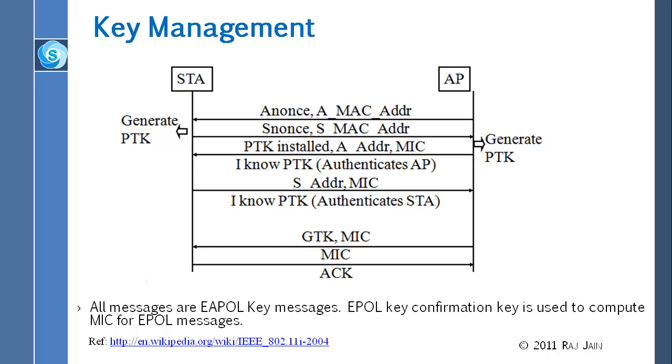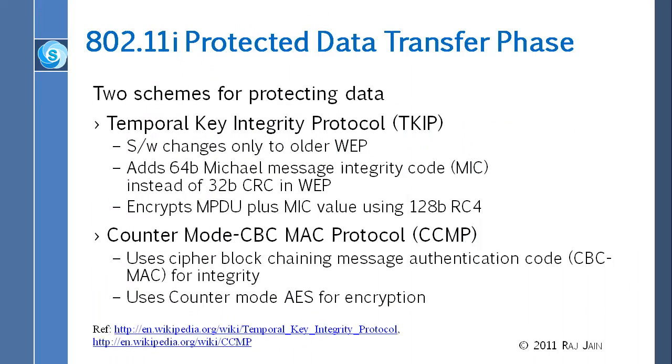So data transfer phase. Now data transfer requires integrity and encryption. So they use TKIP for temporal key integrity, and the software change is only to older WEP, and it uses the 64-bit Michael message integrity code, MIC, instead of the 32-bit CRC in WEP. So the 32-bit CRC is replaced by this Michael, which is nonlinear, and then it encrypts the MPDU plus MIC value using 128-bit RC4, and they use MIC.